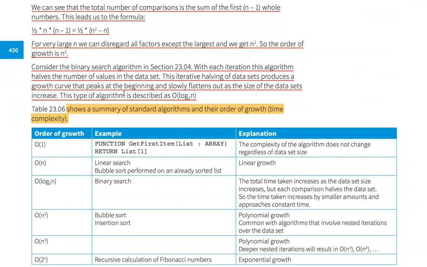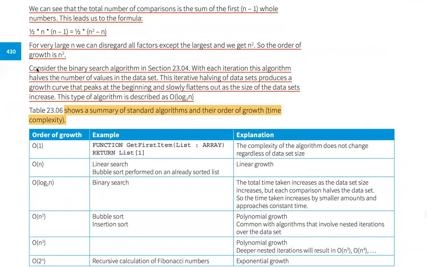Similarly, if we consider the binary search algorithm, as we discussed in the previous lectures, with each iteration, this algorithm halves the number of values in the data set. So if I have a total of n elements, in the next iteration I will have n by 2 elements. What binary search does is basically reach the midpoint.